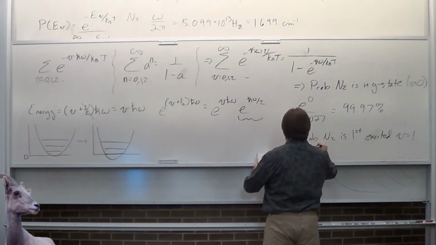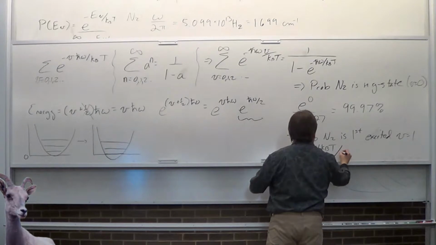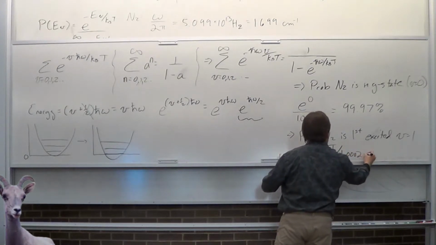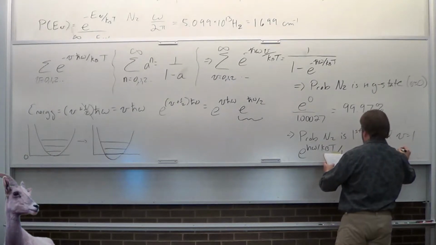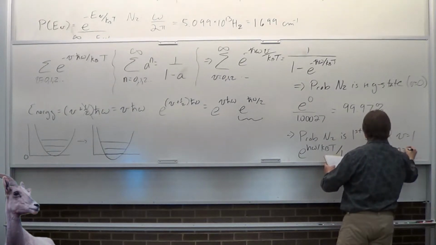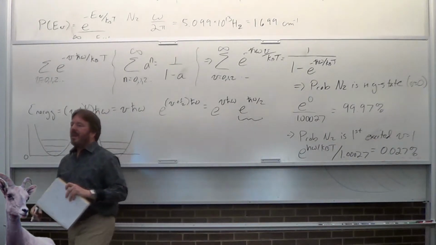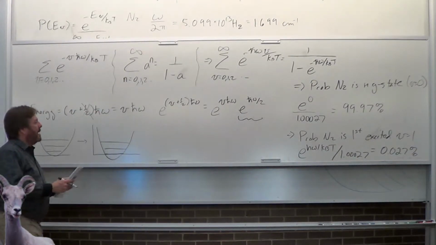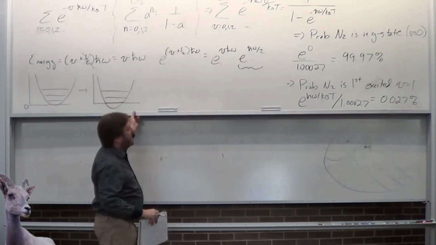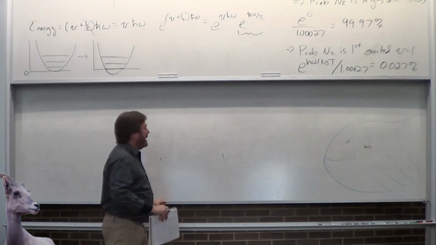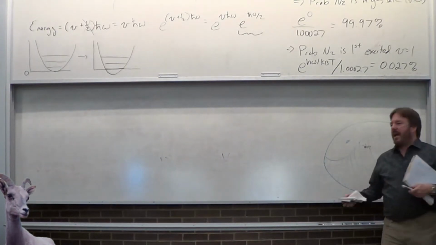E to the, so it's not 0, it ends up being 0.27, okay, incredibly small. So there you go. Just tiny, tiny, tiny. So overwhelmingly, these are in the ground state.